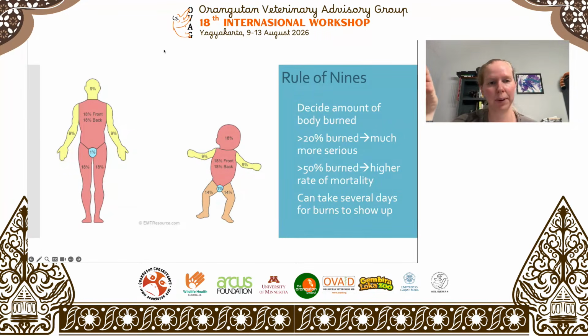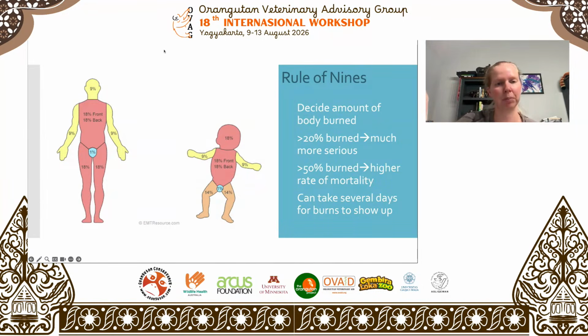If we are talking about a newborn human who is less than a year old, they have a really big head, so their head is actually 2 multiples of 9, 18% of their body. Same for the front and back of their body, about 18%, and then each arm is 9%.